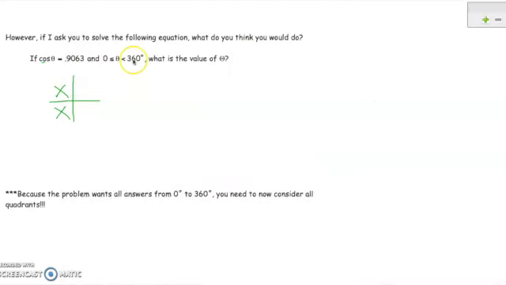So 25 degrees is the reference angle that we're going to use. 25 degrees would be our first quadrant answer, and 25 degrees as a reference angle gives our fourth quadrant answer. So our answers are 25 degrees for the first quadrant, and then 360 minus 25, which is 335.